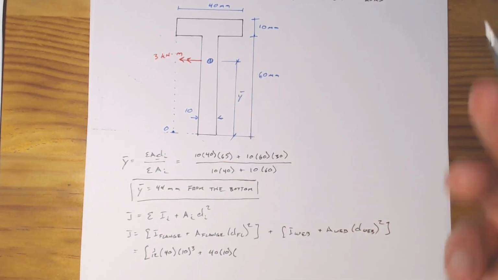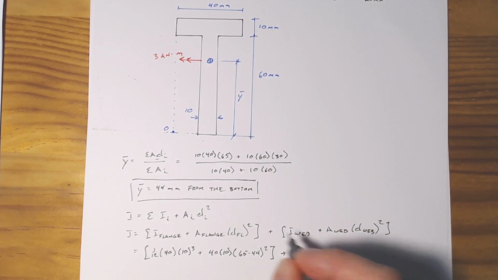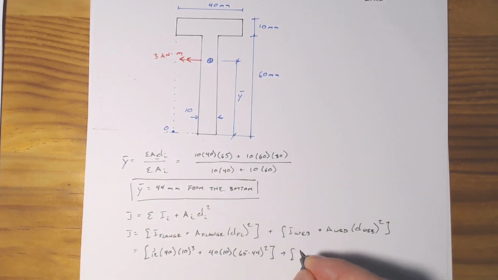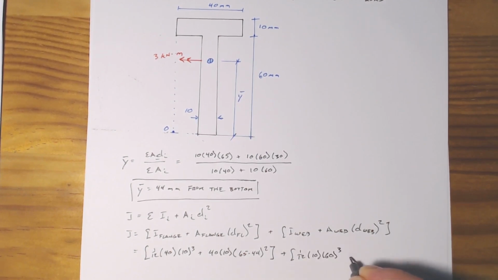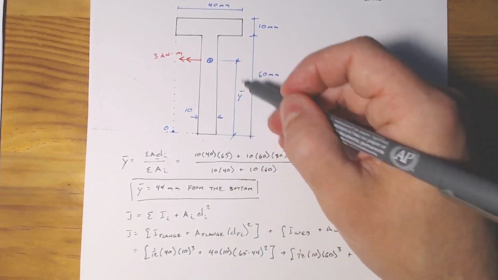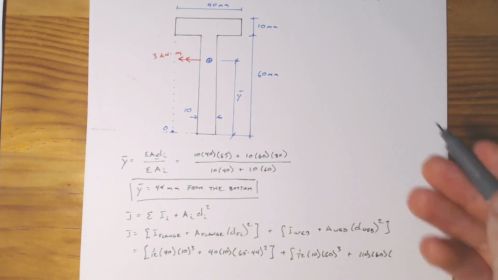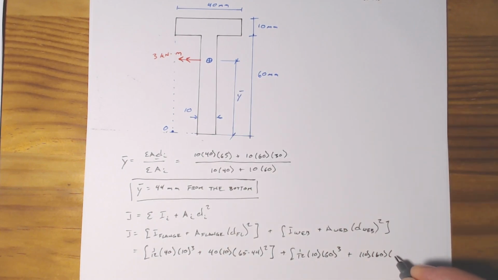bar is 44 millimeters up from O, so we can just do 65 minus 44, that distance squared, plus the moment of inertia of the web, 1/12 times 10 millimeters wide times 60 millimeters to the third, plus the area of the web, which is going to be 10 millimeters times 60, and then its distance will be 44 millimeters minus the centroid of the web, which is at 30 millimeters up from O. So we just simply have 44 minus 30 squared.